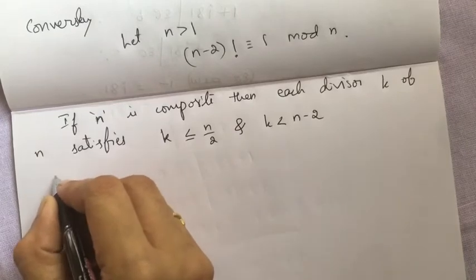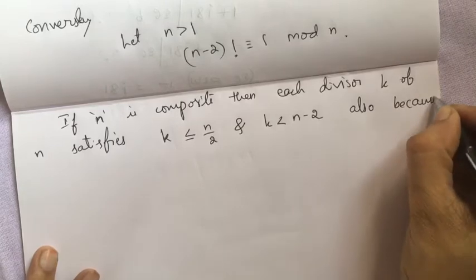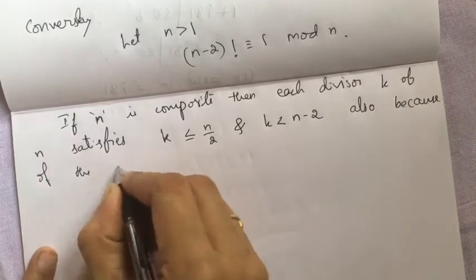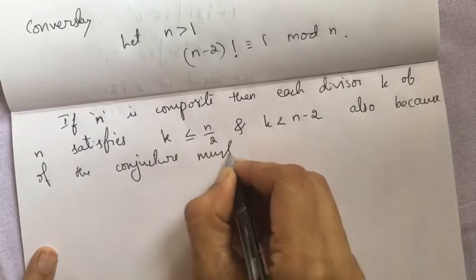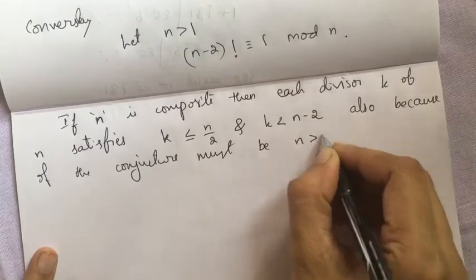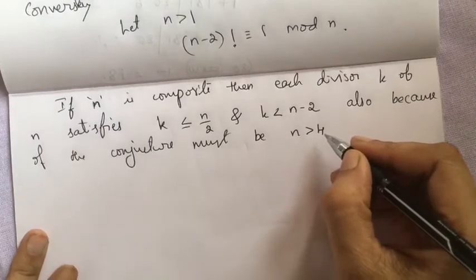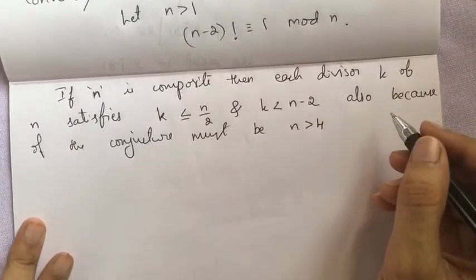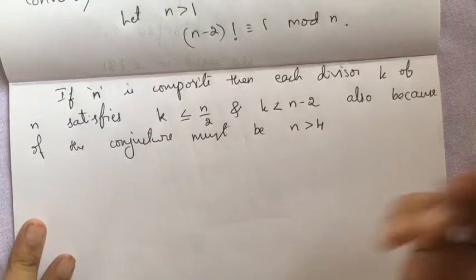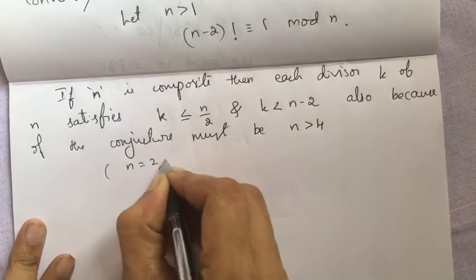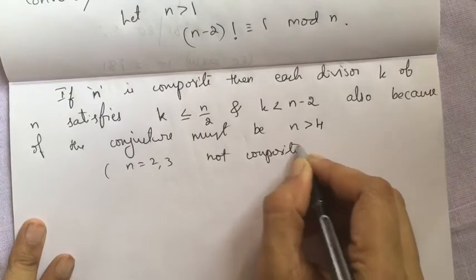I'll write it down. From the conjecture, thus n must be greater than 4, because when n equals 2 and 3, they are not composite numbers, right?